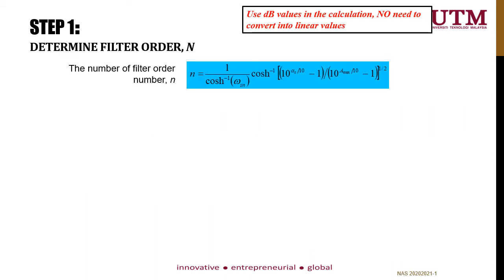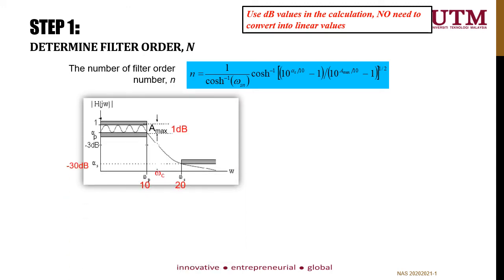The first step, you need to calculate the filter order number. This is Chebyshev, so make sure you refer to the correct appendix for Chebyshev filter and write down the general equation first. Do not put any value straight away. Write down the general equation first, then put in the values in the second equation. This is the filter response that we have drawn earlier.